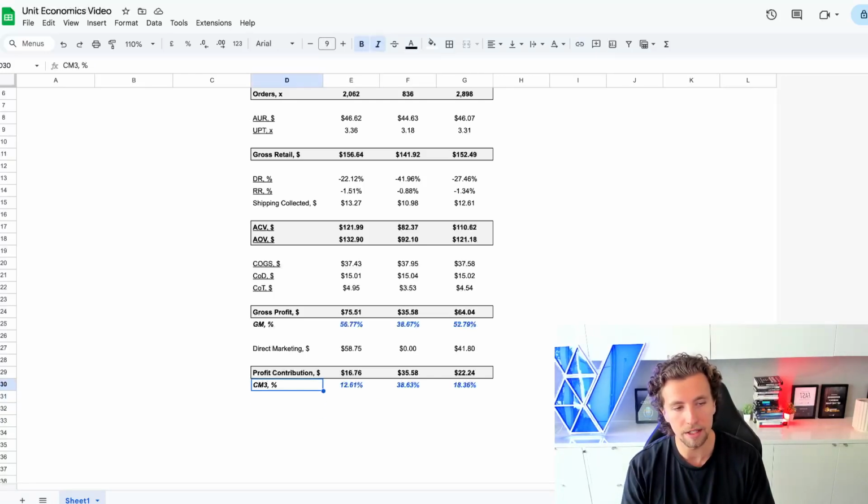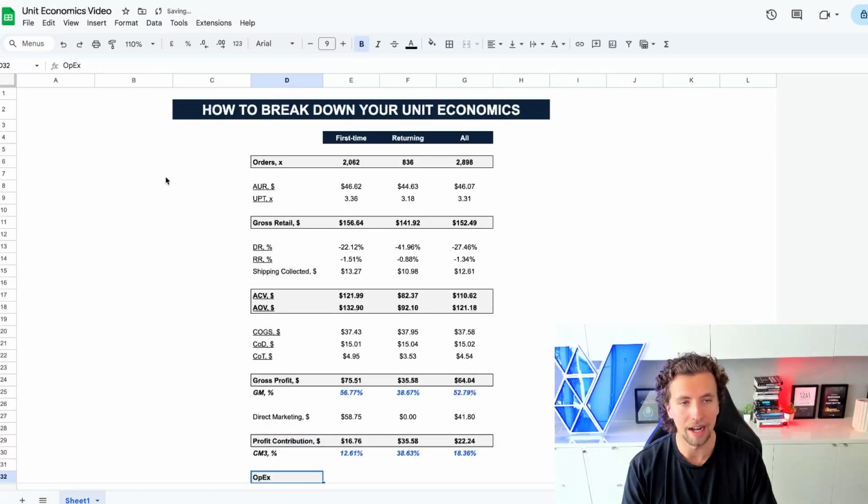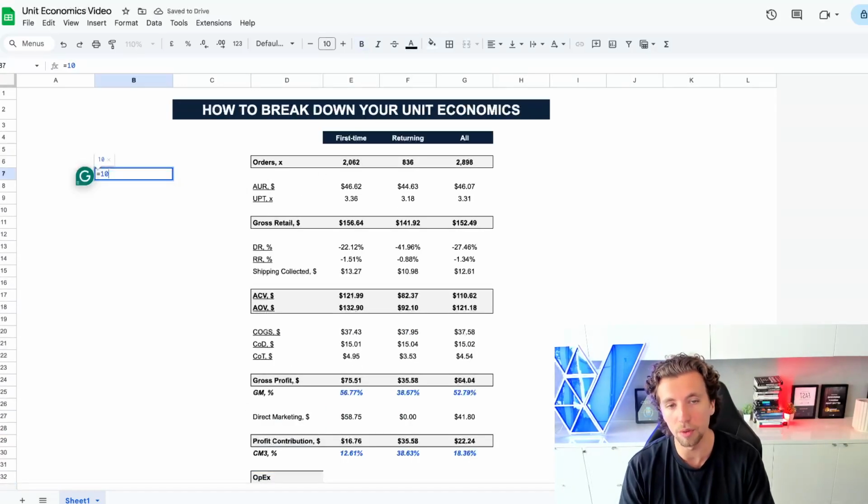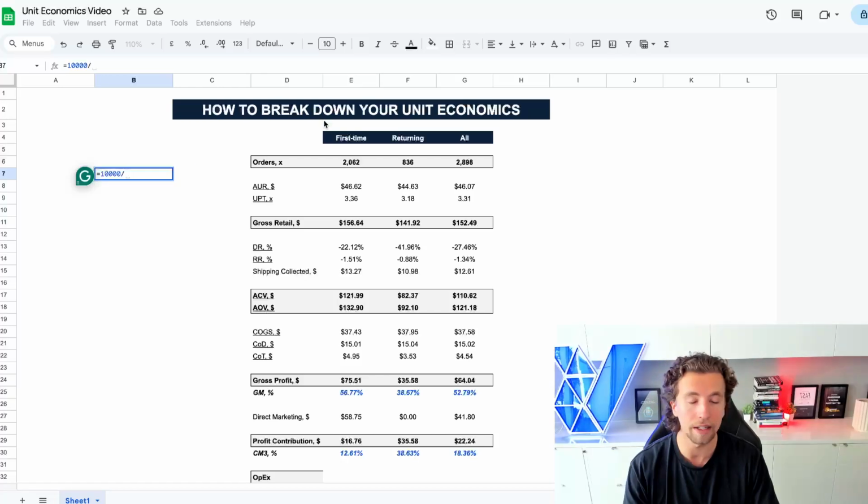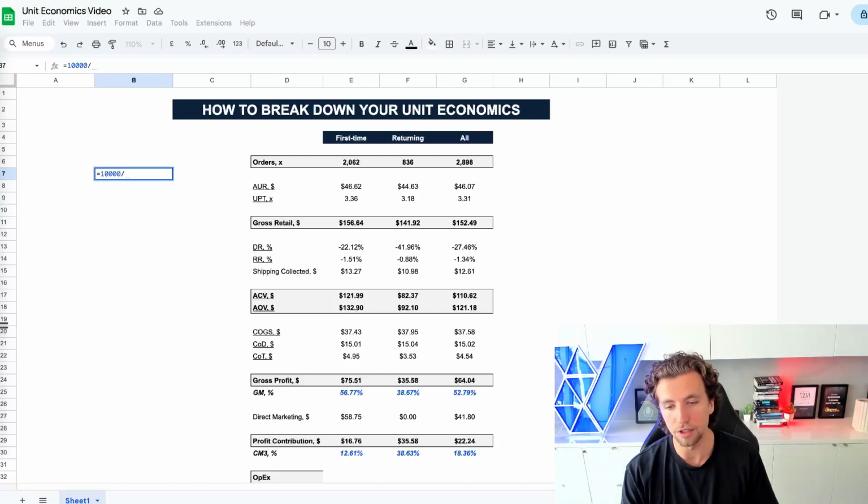And so what I mean by that is that if you're only ending up with 12.61%, and then we go and add in operating expenses, and let's say you have $10,000 of operating expenses, what you can technically do, I don't like this at all because operating expenses are fixed and shouldn't scale proportionate to volume, and therefore this is a poor exercise, but you can do it.